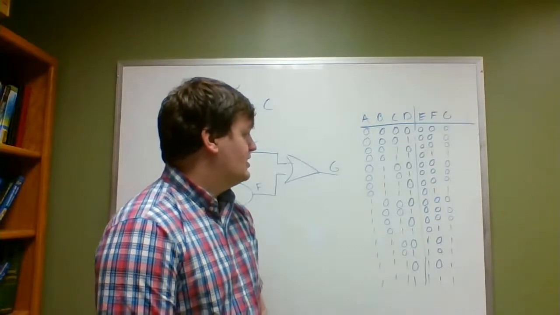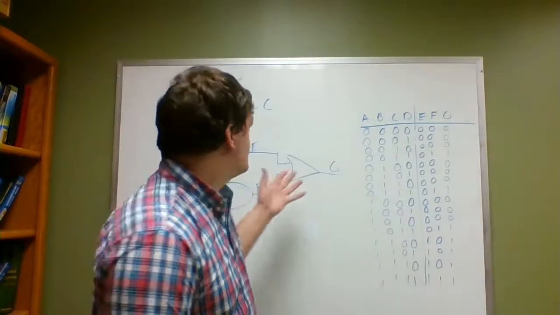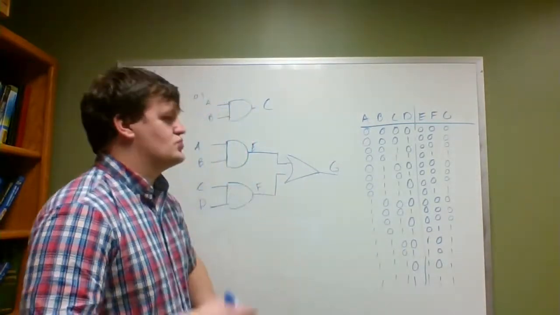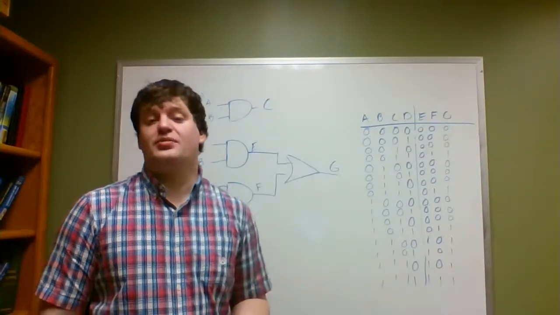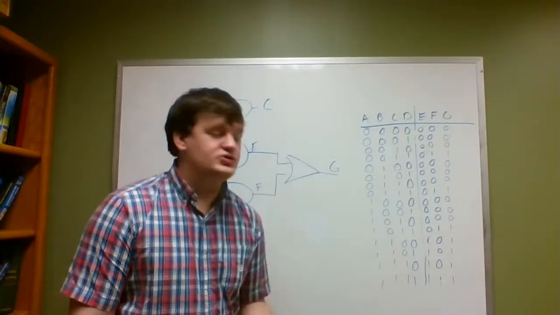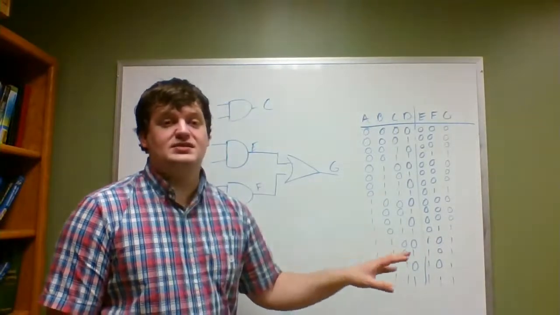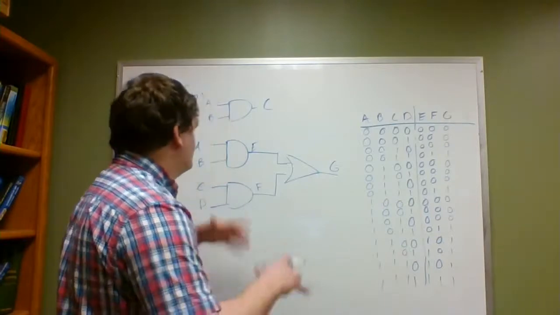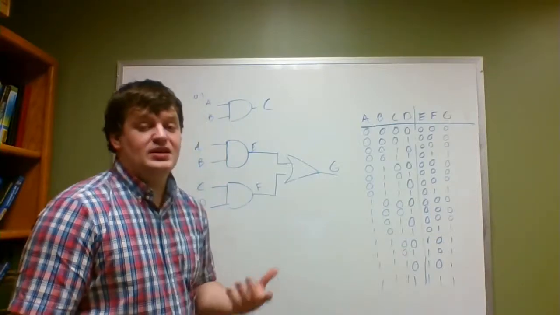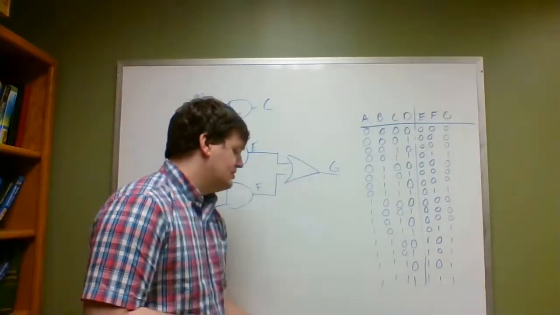Okay? This is not a truth table that we can get by just saying, oh, well, it's just one gate. No, this is now much more complex. It's going to require multiple gates simultaneously in order to make this work. Okay? So truth tables can be a lot more complicated.